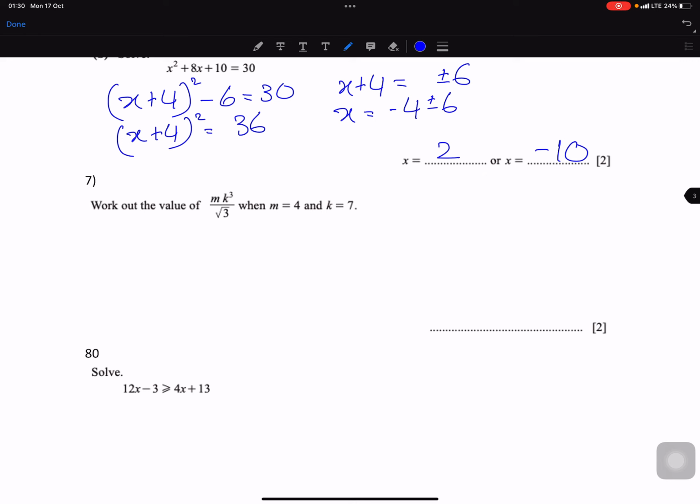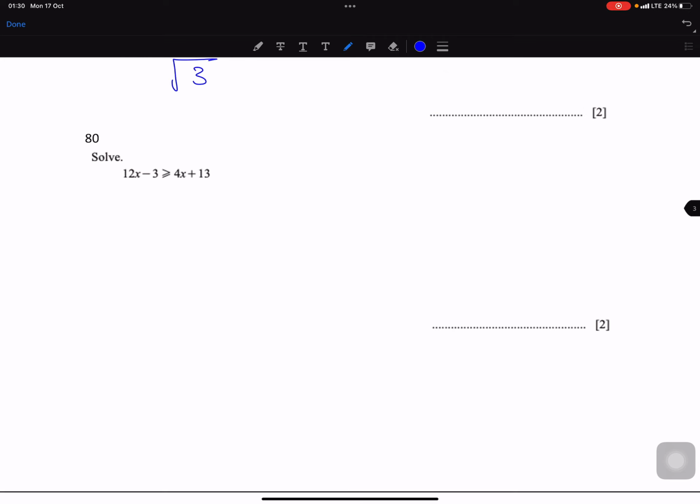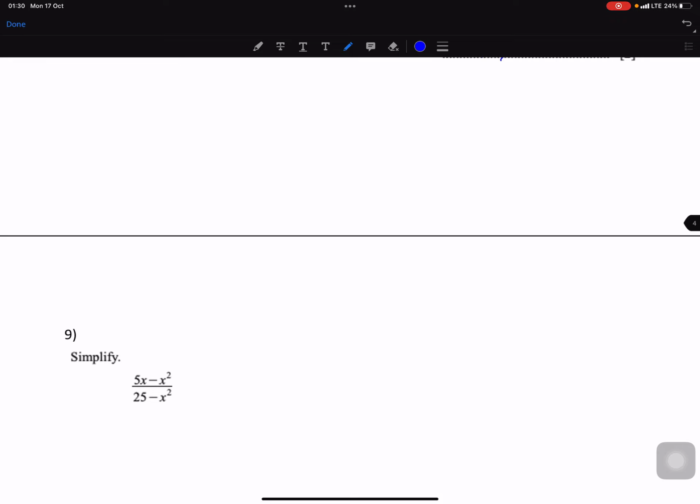Over here, substitution, so 4, 7 to the power of 3 over the square root of 3, just put it in your calculators. 12 minus 3, that's an inequality, 12x minus 4x greater than 13 plus 3. 8x greater than 16, x is greater than 2.